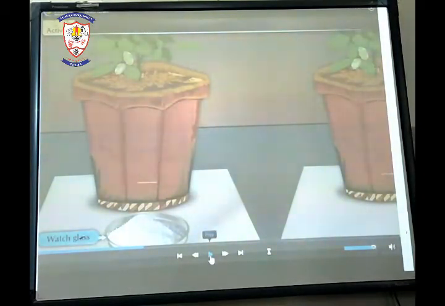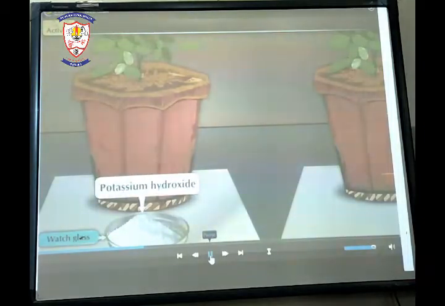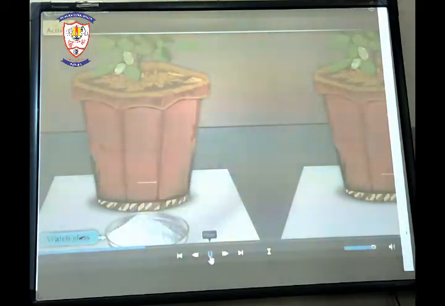Now place a watch glass containing potassium hydroxide by the side of one of the plants, and you know this potassium hydroxide is used to absorb carbon dioxide, and carbon dioxide is necessary for the photosynthesis process.